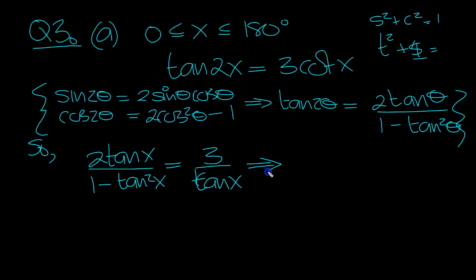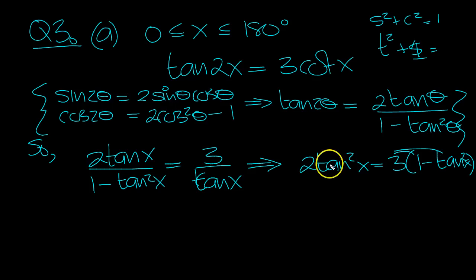So that tells us then, let's just move the tan up here, 2 tan squared is equal to 3 times 1 minus tan squared. So that's a minus 3 tan squared there, isn't it? So that can come over here to be 5 tan squared is equal to 3.